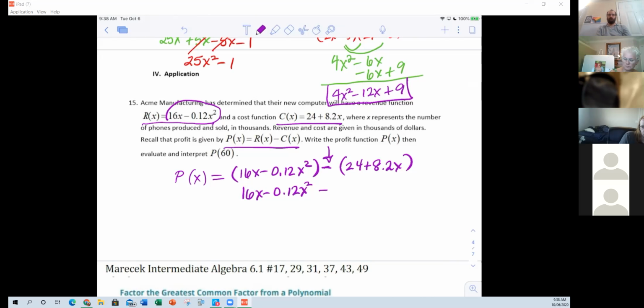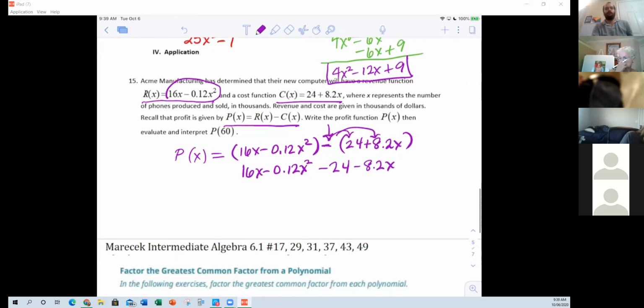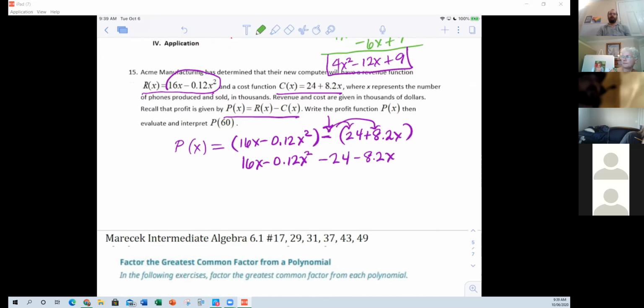Okay, so how would you write that? Negative 24. And then 8.2 would become negative. Yes. And then what? And that's when you combine it together. So 16x would become, hold up, I don't have my calculator. That's okay. Isn't that 7.8?